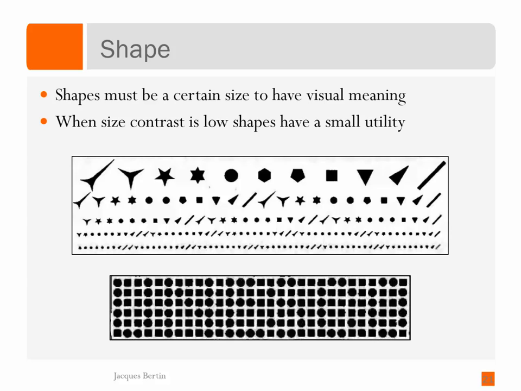So many of you will be able to see that there's a word printed out here. It's UNESCO, but we have to stare at it for quite a while because our shape size has very low contrast between them. They're all pretty much the same size. And again, shape is going to be the weakest of each of these encoding variables that we've discussed.